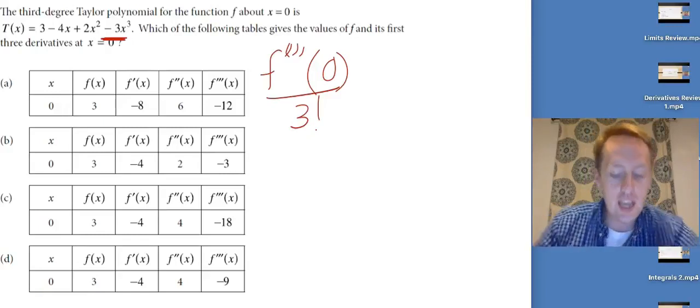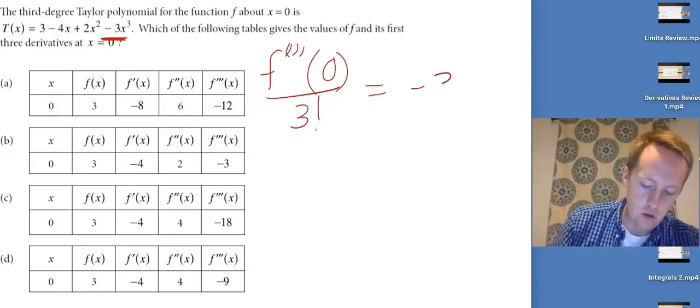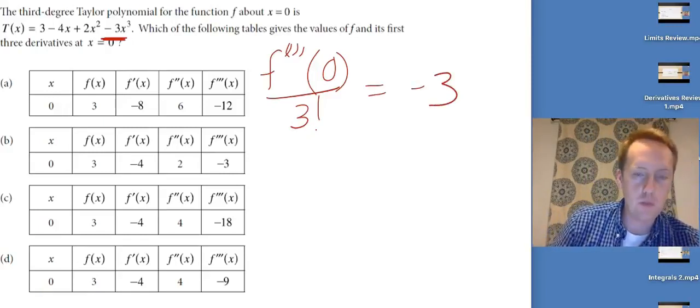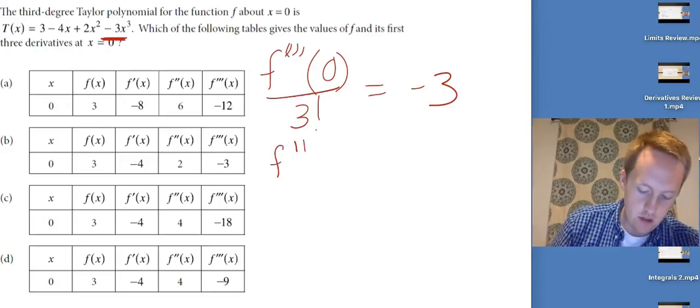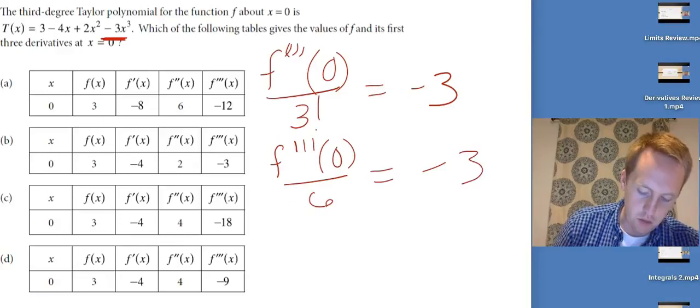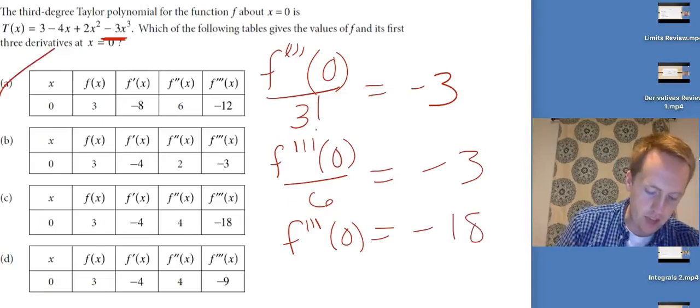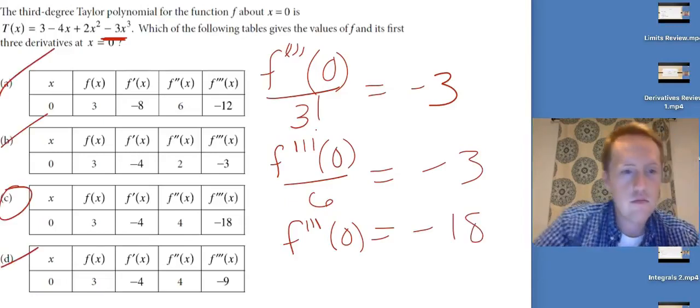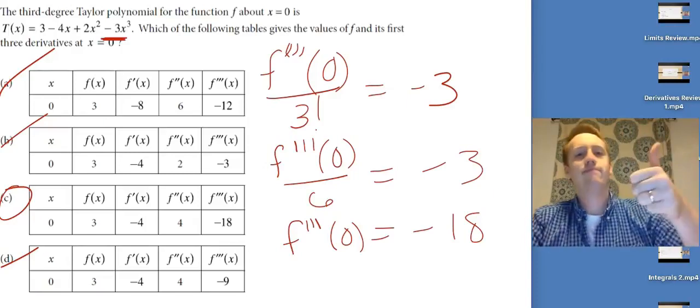It actually is -3. Now I can use this to solve for f triple prime. 3 factorial is 6, so if I multiply that over, I get f triple prime at 0 is -18. Okay, that eliminates that, and that. The answer is C. Thanks, Spencer.